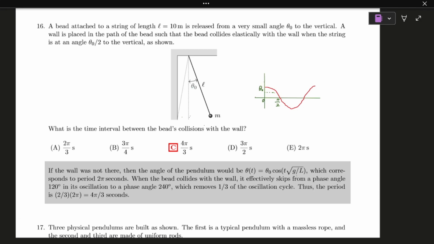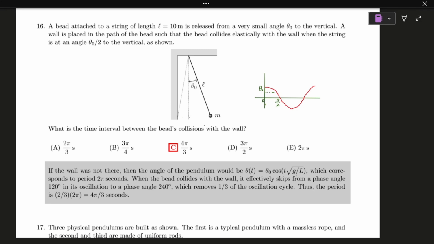This theta is very small, close to zero, for a pendulum to work properly, and the phase angle goes from 0 to pi on one side, and 2 pi back to the original point. So there are two completely different angles. Don't confuse yourself.